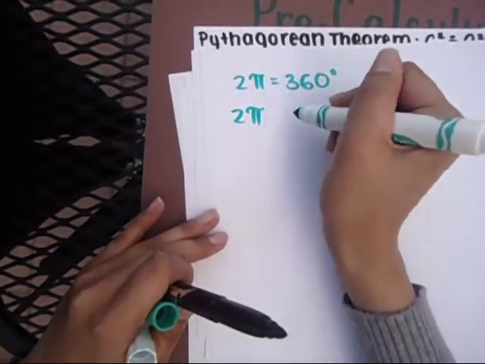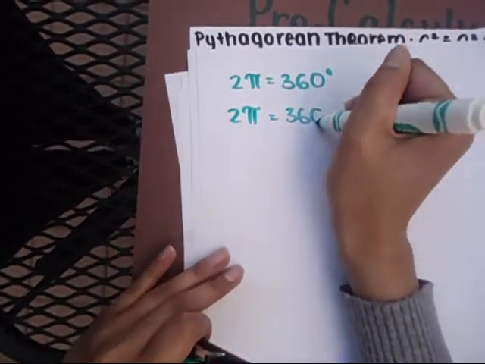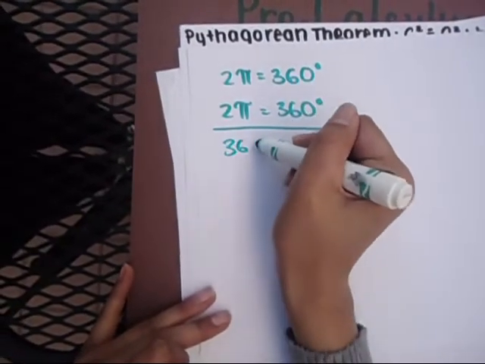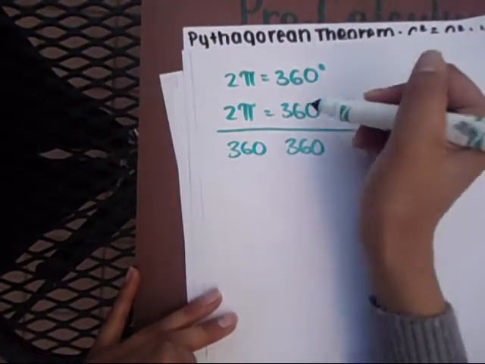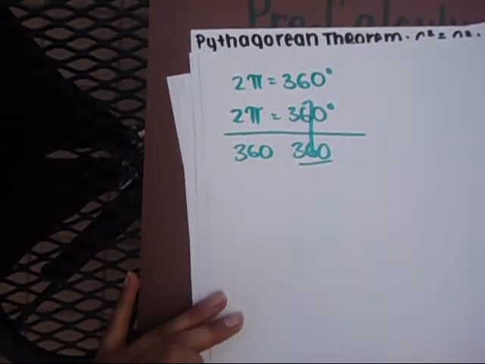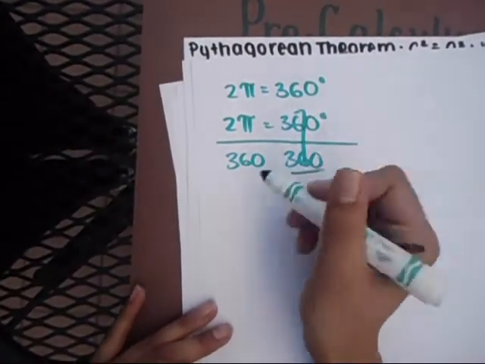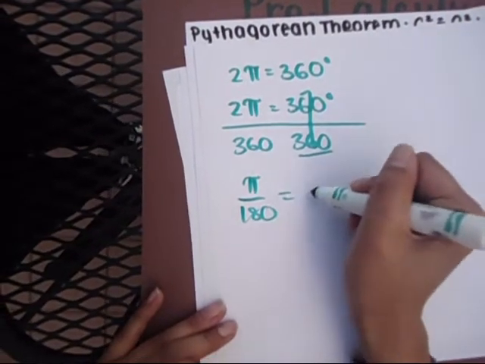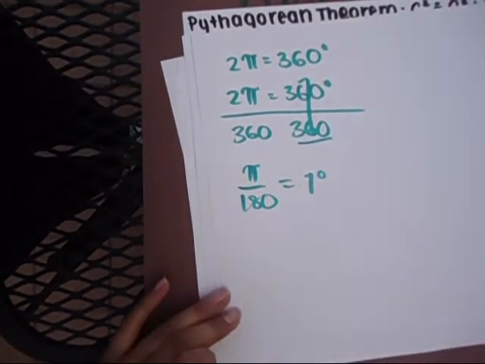2 pi equals 360. Okay, so if we divide both sides by 360, this side simplifies to 1, and 2 pi over 360 equals pi over 180, and that equals 1 degree.